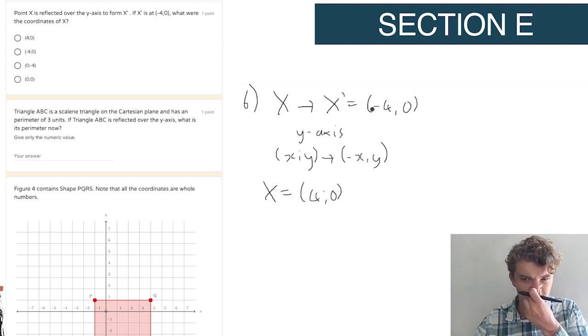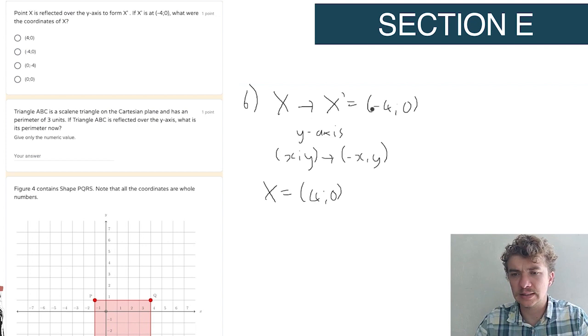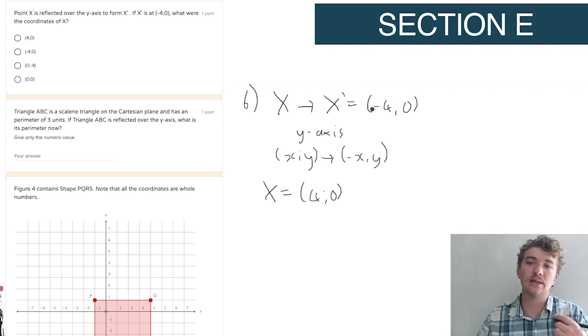Okay, next question. Triangle ABC is a scalene triangle on the Cartesian plane and has a perimeter of 3 units. If triangle ABC is reflected over the y-axis, what is its perimeter now? I can immediately say that the perimeter is still 3 units because, and this is something you need to know, reflections, rotations, etc. do not change the properties of the shape.